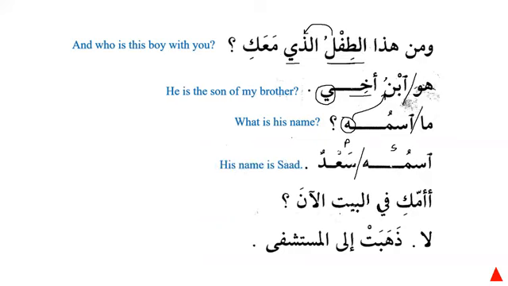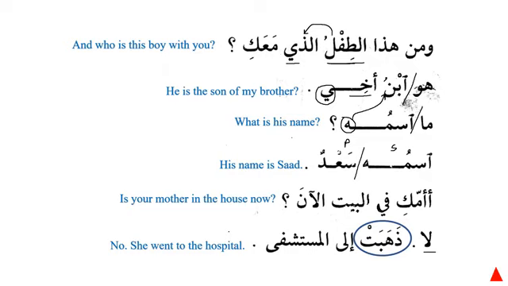Ummuki fil bayti al-ana. Is your mother in the house right now? La, no. Dhahabat ila al-mustashfa. No, she went to the hospital. And now we can see over here that dhahabat is used for the singular feminine third person.